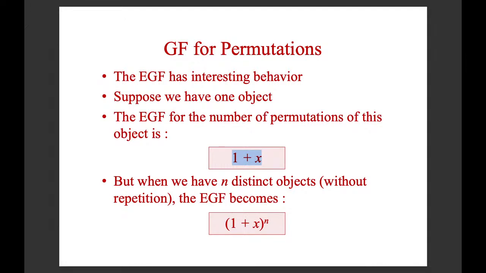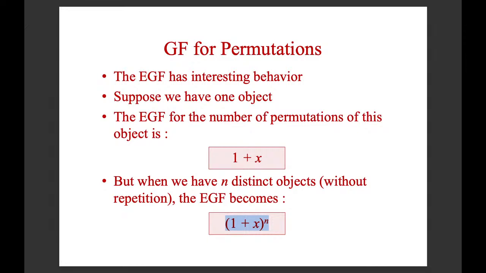This is the exponential generating function for one particular object. For a certain object, there is one way of choosing it and one way of not choosing it. So we have the exponential generating function of one object, and by multiplying the exponential generating functions of the individual objects that we take into account, we get the rule of product. So we will get the exponential generating function of the whole system.